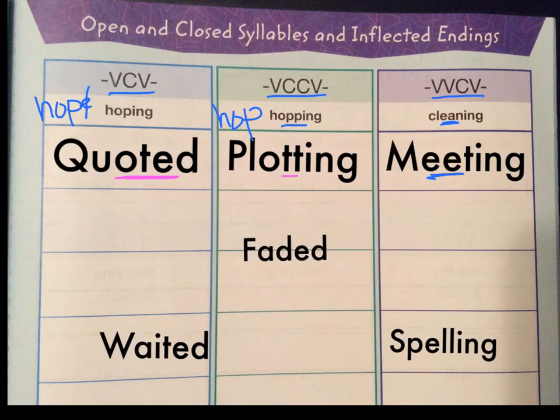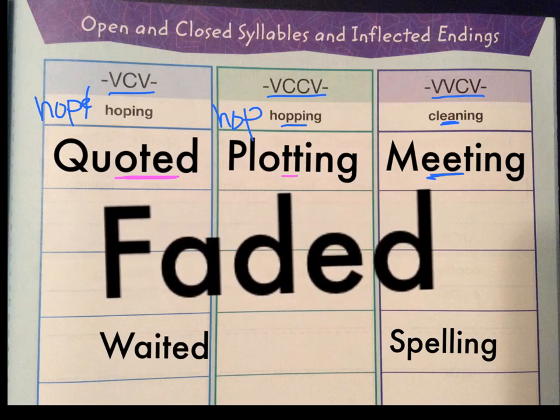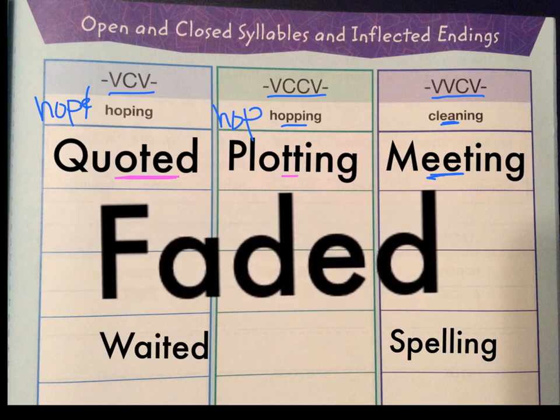That O-T-E is the vowel, consonant, vowel pattern. So let's look at our next word, faded. What is the base word of faded? It is fade, and fade is spelled F-A-D-E. Knowing that that's how fade is spelled, what do we need to do to the E? We took off the E and then added the ED.